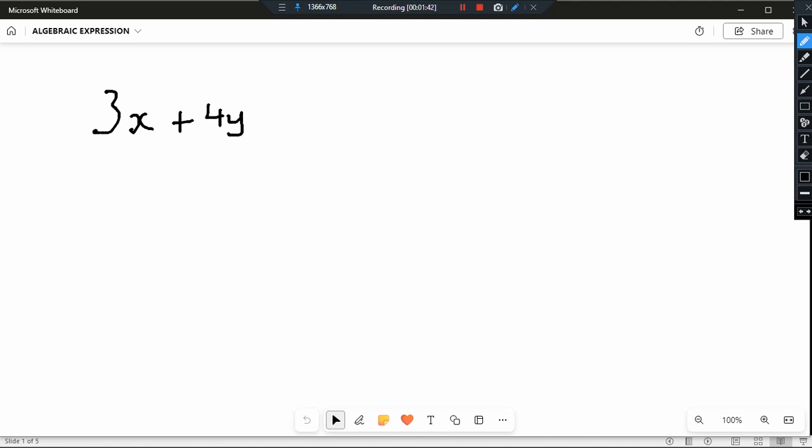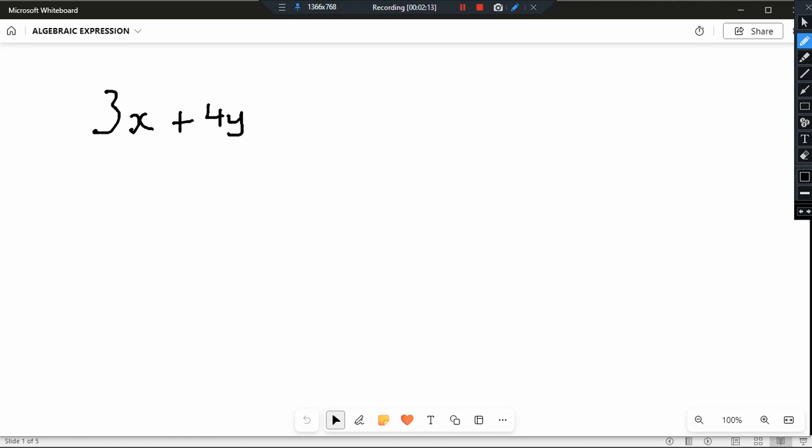Why are we saying it is an algebraic expression? This is because it has letters which are represented here, and these letters can be any number. We are not dealing with equations, so let us just consider these letters as normal letters. So any mathematical expression which involves letters in it is known as an algebraic expression.